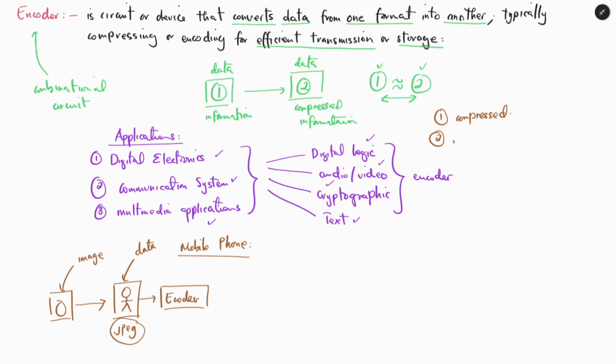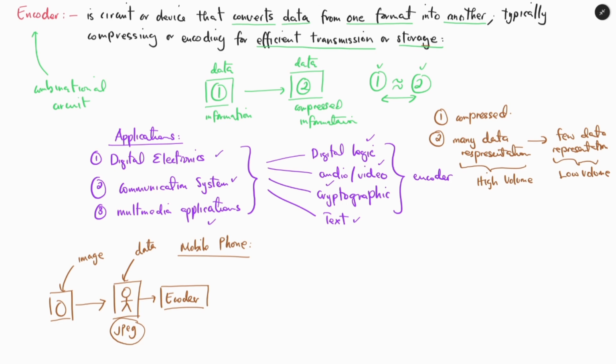So we have many data representations which have high volume, and we can compress them to fewer data representations, and this representation now has a low volume because the image is compressed.